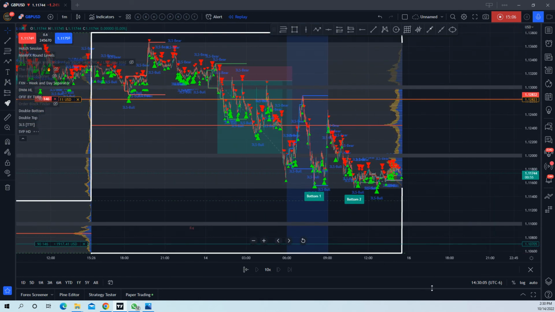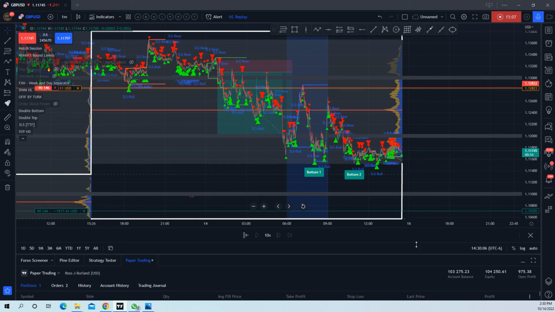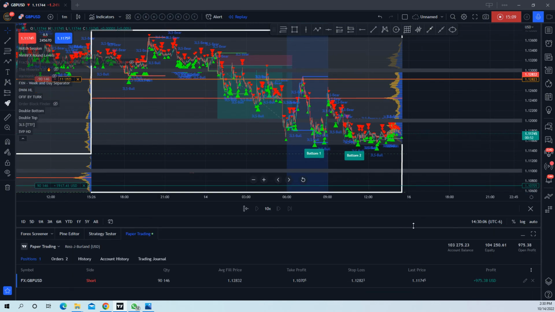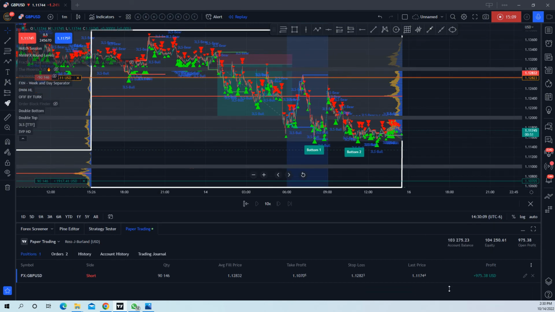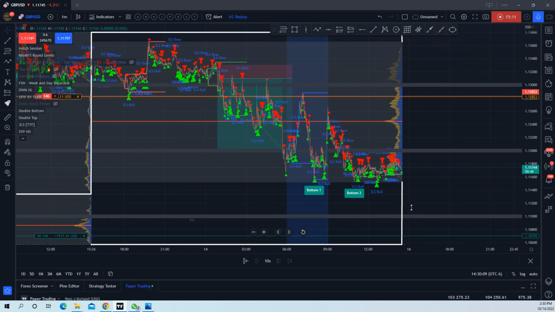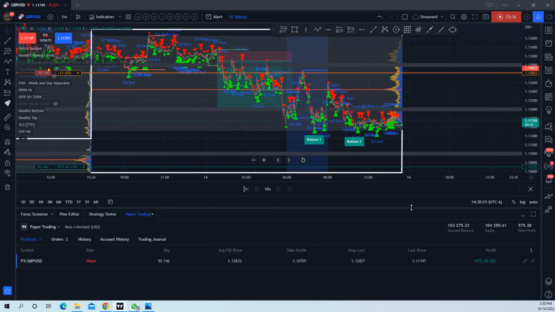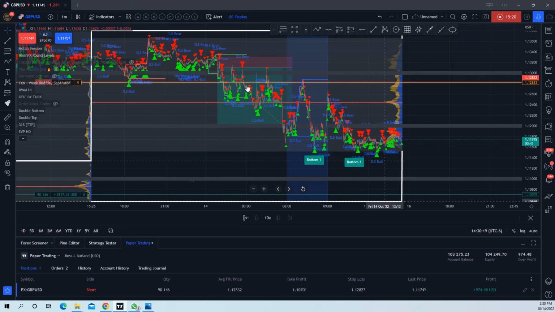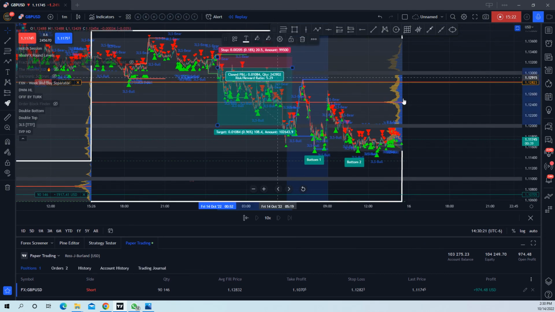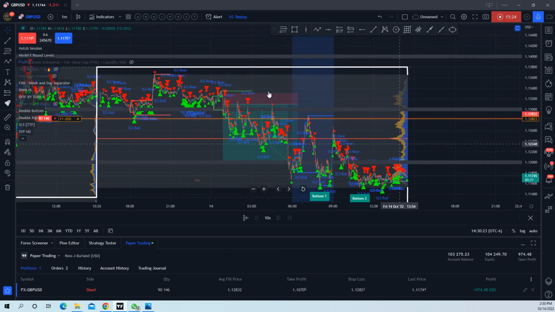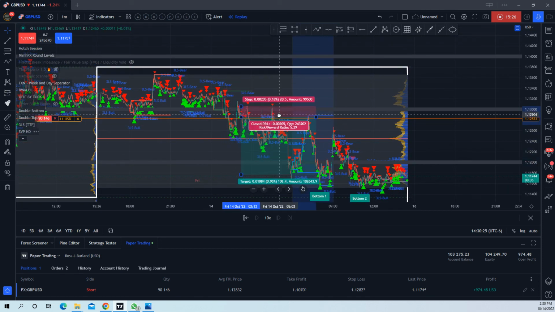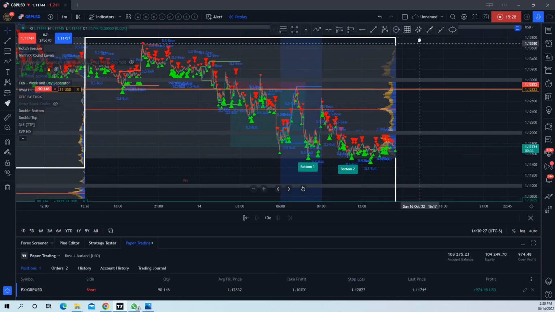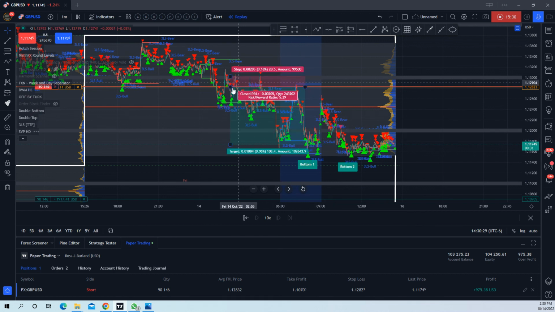We'll just take the money. Not really ideal, but running here. Stop loss was all the way up there somewhere.